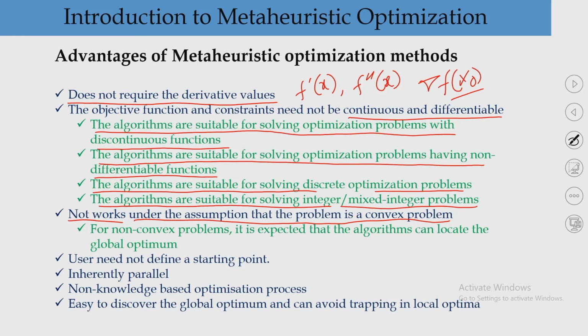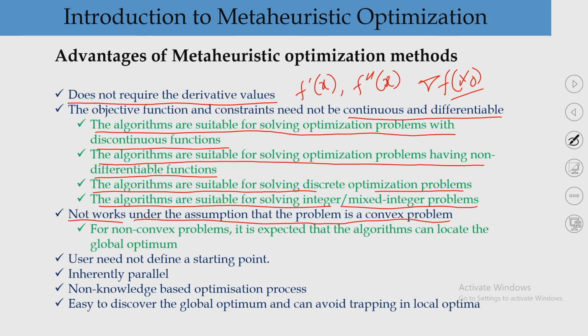I also discussed this earlier, how to select an algorithm. Now you have different algorithms: classical algorithms and metaheuristic optimization methods. For your problem, which one will you select?